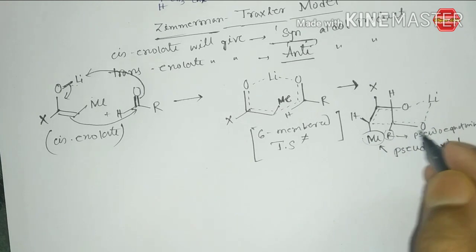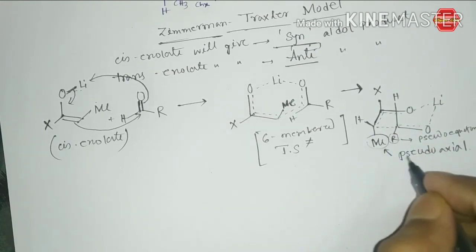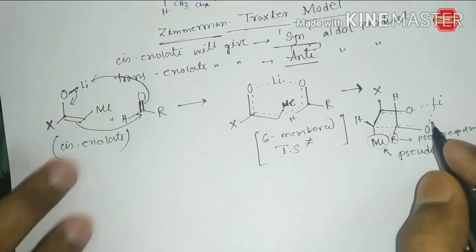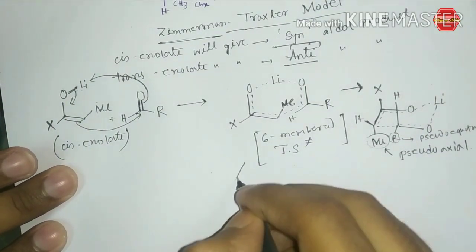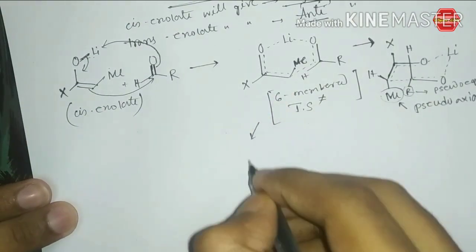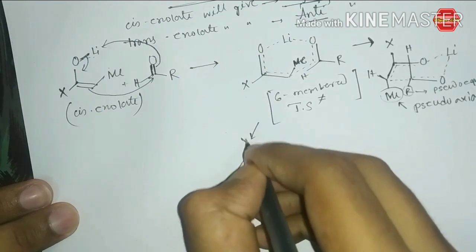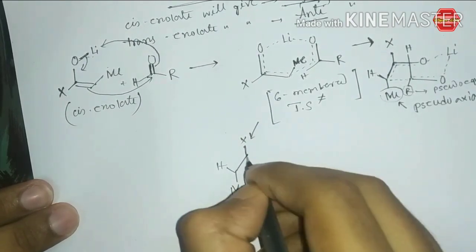And this is the enolate, and there is another possibility I am writing here, with X, hydrogen, methyl.